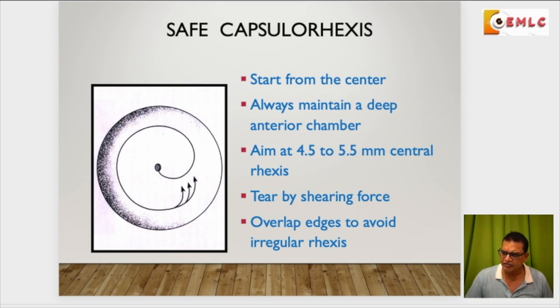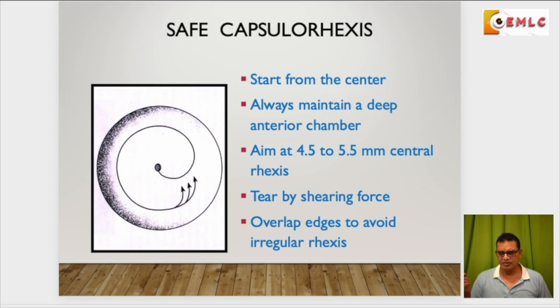So a safe rhexis should start at the center. While doing a rhexis, you must ensure that the anterior surface of the lens is flat. You have enough viscoelastic to maintain a positive pressure within the anterior chamber. You should aim at a 4.5 to 5 millimeter rhexis. 5.5 is on the larger side.